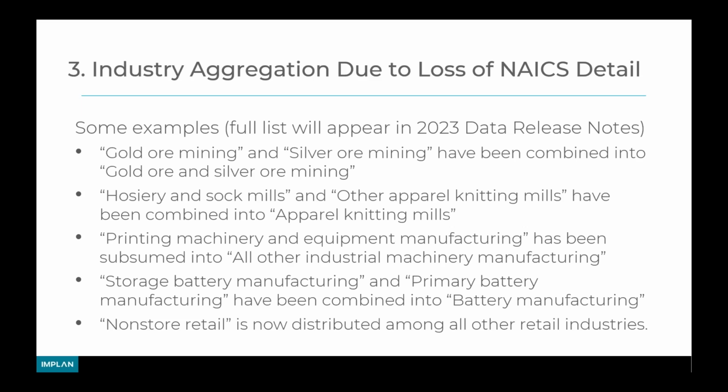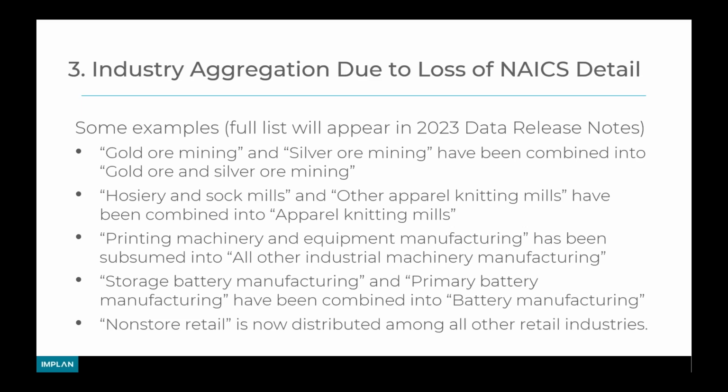Additionally, our industry scheme differs from the BEA's because we require the use of NAICS-based data in order to be able to update industry information year over year. So that's exactly what Jenny had mentioned earlier. Basically, due to the scheme in which NAICS codes, those North American Industry Classification System codes, arrive in, some industries have to be removed from the IMPLAN scheme because there's simply no data to support them on an annual basis.